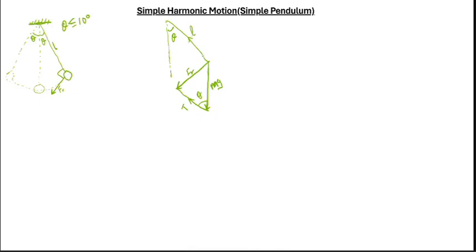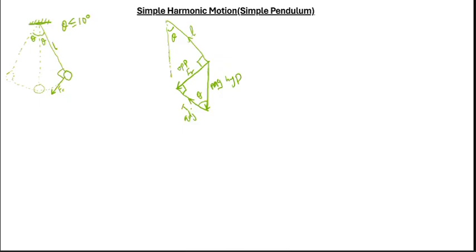And don't forget that between this vertical length and this restoring force is 90 degrees. So the restoring force and the vertical length are at 90 degrees. Boom, we have our right angle triangle. And we know if we have a right angle triangle, the side facing the 90 degrees is the hypotenuse, the side facing the angle we are considering is our opposite, and the other side is the adjacent.